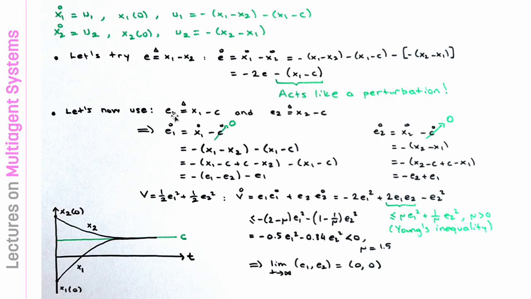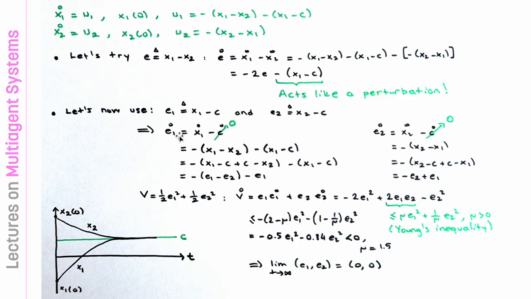So for those problems, in this case, I'm going to define two error variables. E1 is x1 minus C. I know x1 approaches the command, and even indirectly x2 approaches this command. So for the follower and for the leader, I define the same kind of error, based on the distance between their states and the command variable.